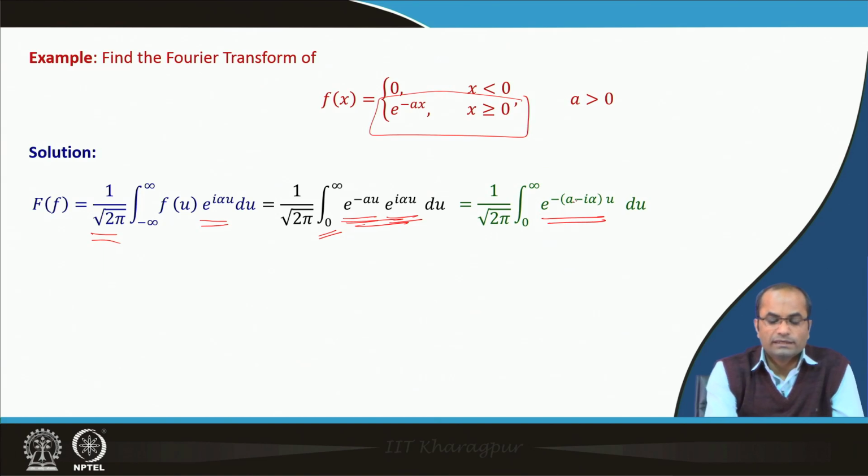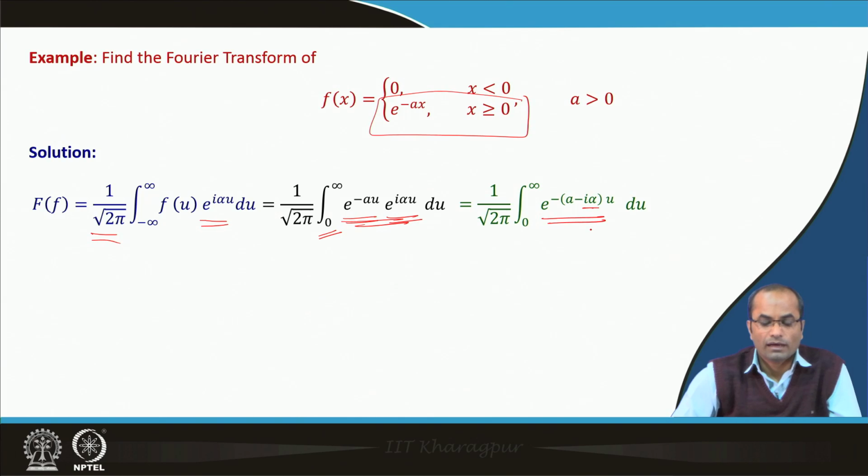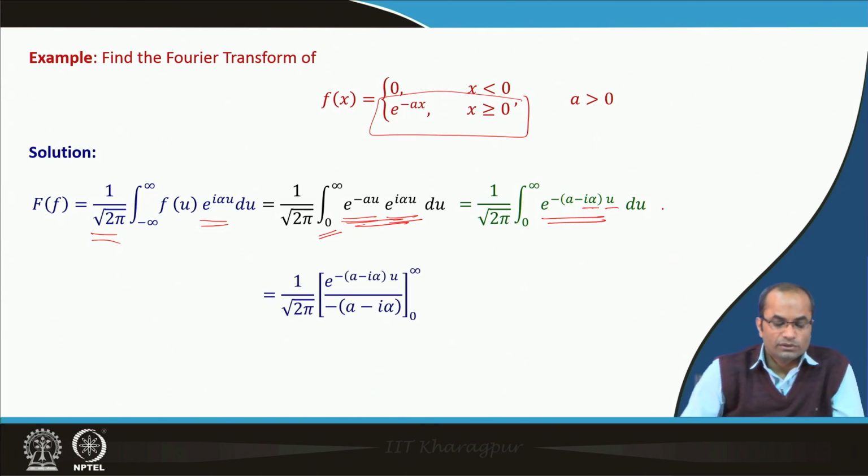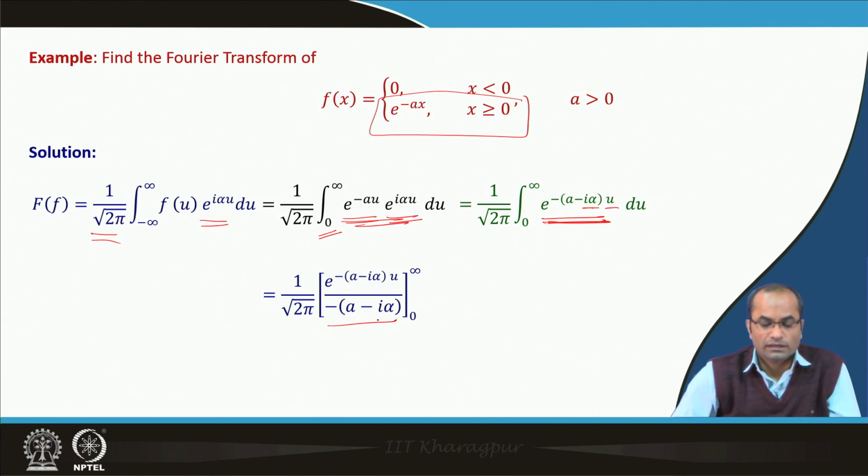So, here the integrand is with minus a and then minus alpha I with u, and then we have this du there. This can now be integrated, this exponential function, to give minus a minus I alpha in the denominator, with the limits 0 and infinity.